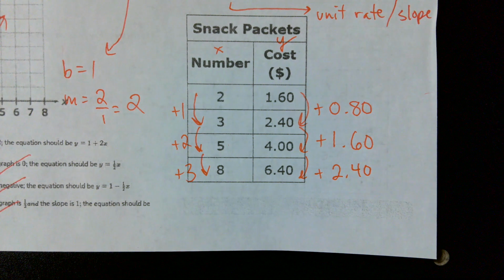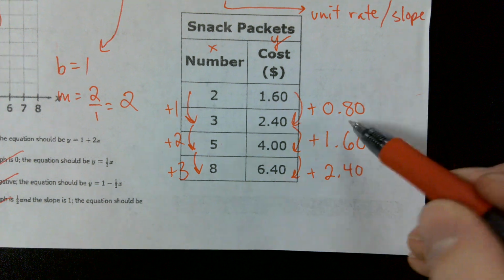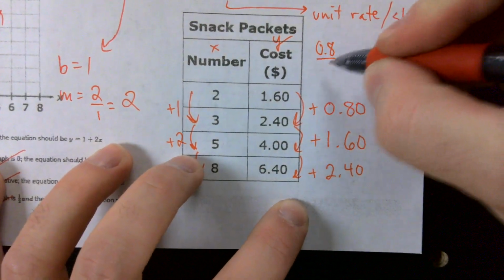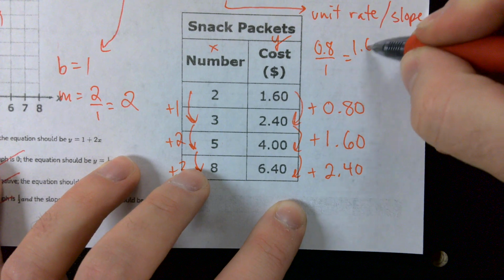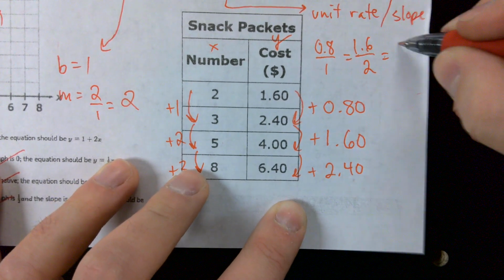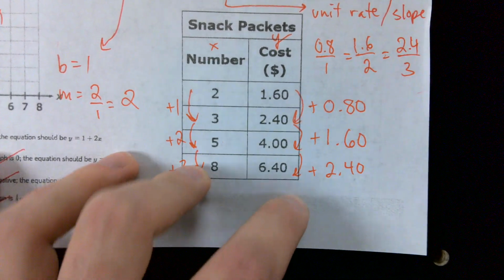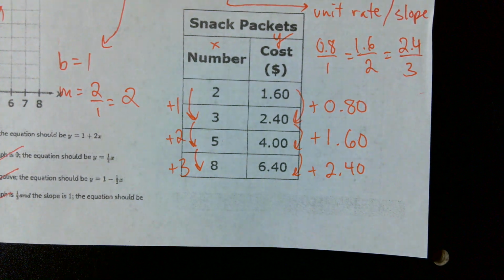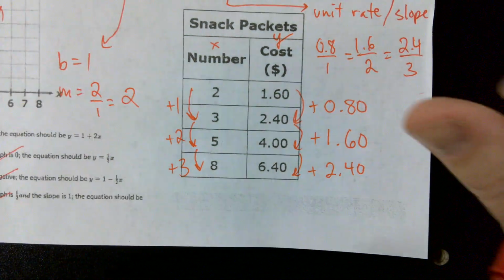So even though our change in y and our change in x are different, what do we notice about the relationship between them? Starts with a P. Good, they're proportional, right? 0.8 over 1 is the same as 1.6 over 2, which is the same as 2.4 over 3. They're equivalent fractions, they're proportional fractions, so we do still have a linear function here.